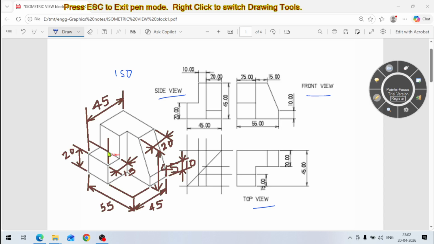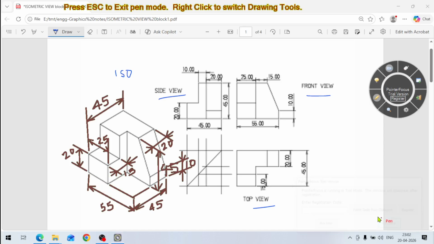This step is 25. So these are the arrows here like this, and you give the dimension 25. This dimension is 25.